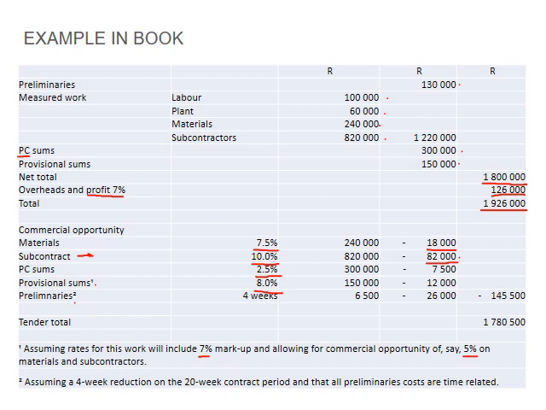And then finally, your preliminaries, and this is a very important place where you will always try and get away with as much as possible evaluating your risks. But a very simplified thing that they considered here is assuming a 4-week reduction on the 20-week contract period, and that all preliminary costs are time related.